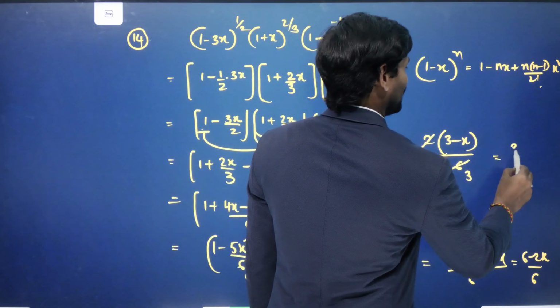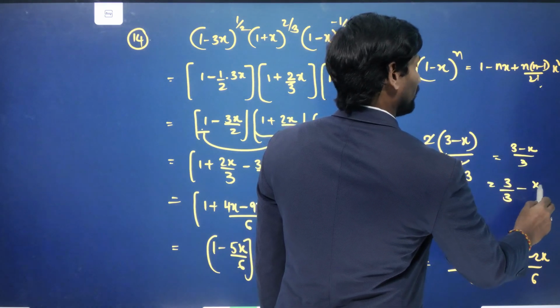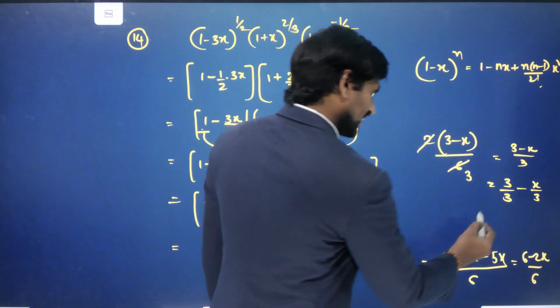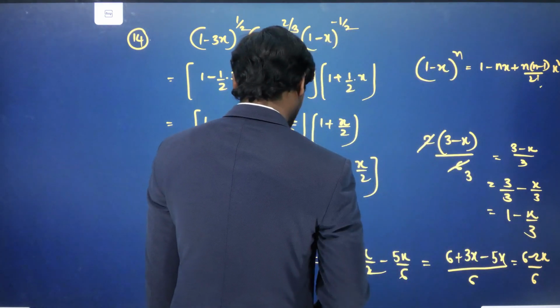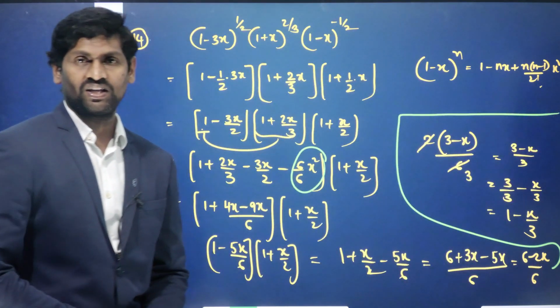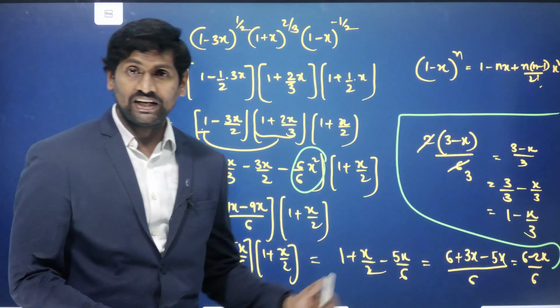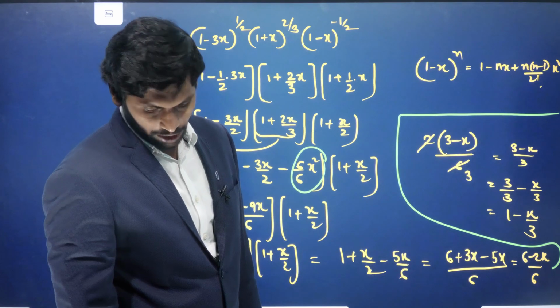So simply 3 minus x by 3. That is, I am writing separately like 3 by 3 minus x by 3. 3 cancel, it will be 1 minus x by 3 is our required answer. Okay? 1 minus x by 3 is our required answer. Please check it. Option 1.